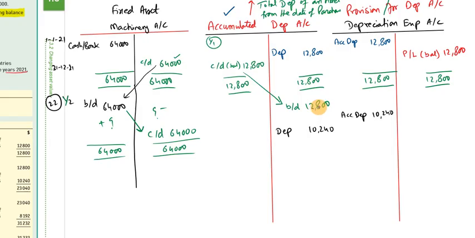The opening depreciation is 12,800, it means in year 1 the asset depreciated by 12,800, and in year 2 here is the new depreciation, 10,240. So we have to add up, and here is the carry down balance of the accumulated depreciation account. So you have to add this and tell me the answer. The answer will be, I think, 23,040, if I am not wrong.